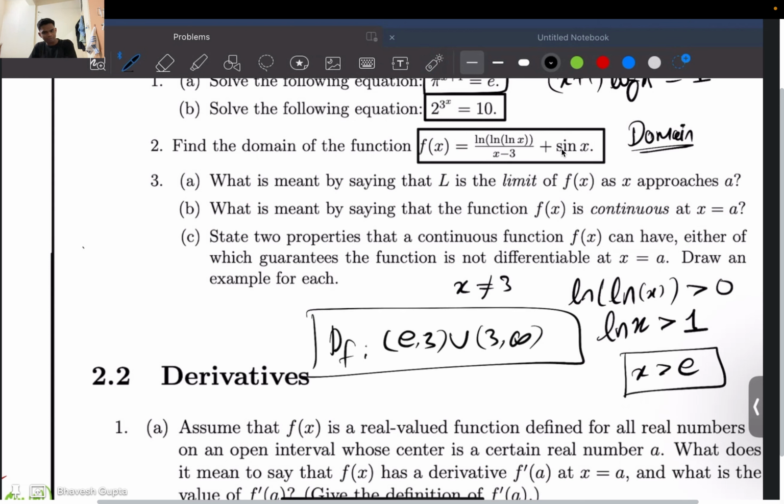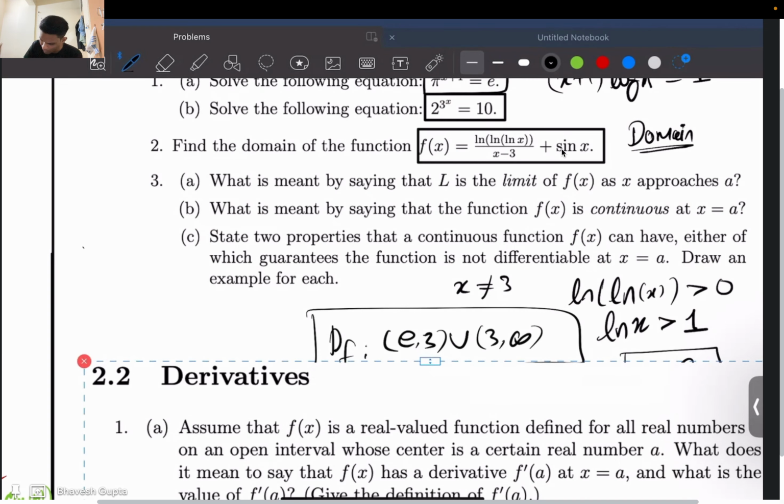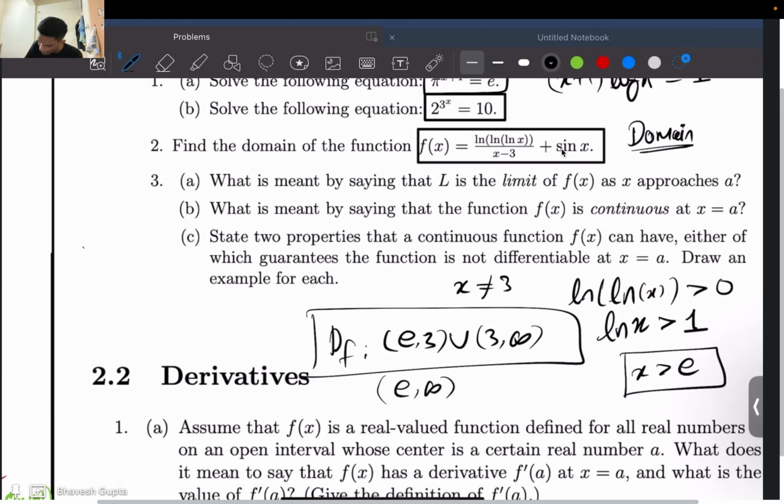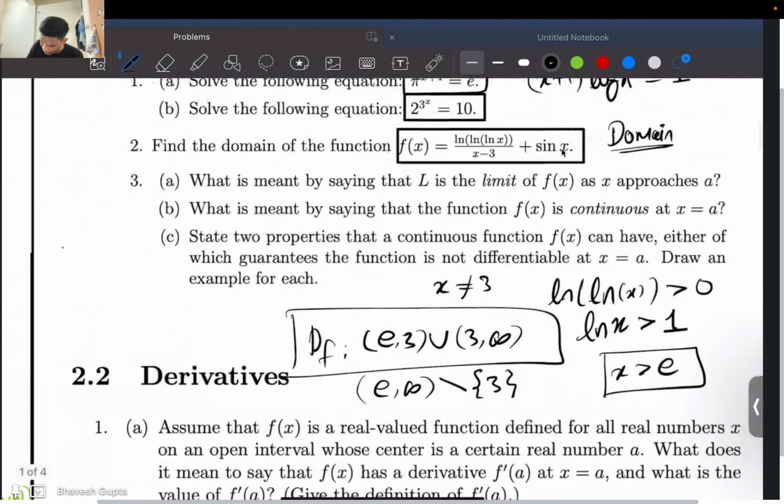This is one of the ways you can eliminate 3 in your interval, or otherwise you can write it this way, e to infinity minus, using the backslash, 3. So both are fine.